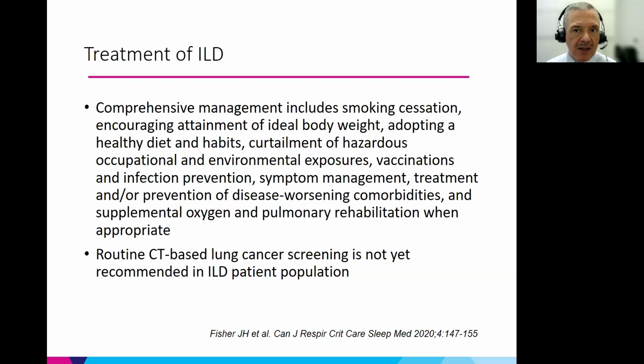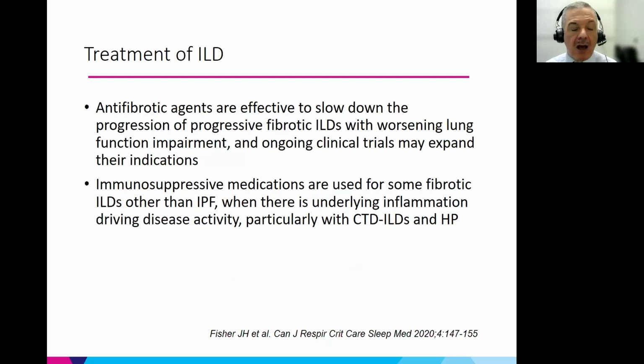The comprehensive management should include a number of preventive measures that the non-specialist can implement, like vaccinations, smoking cessation, weight reduction, exercise, supplemental oxygen, and pulmonary rehabilitation. Routine chest CT-based lung cancer screening is not recommended, even though ILDs are risk factors for lung cancer.